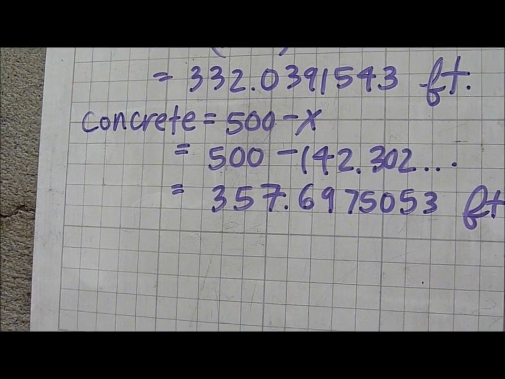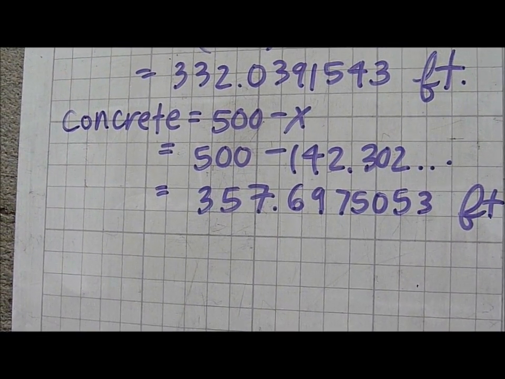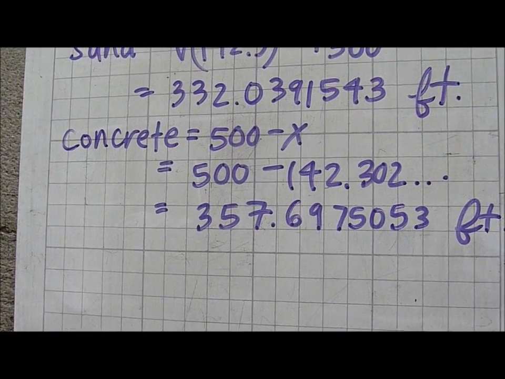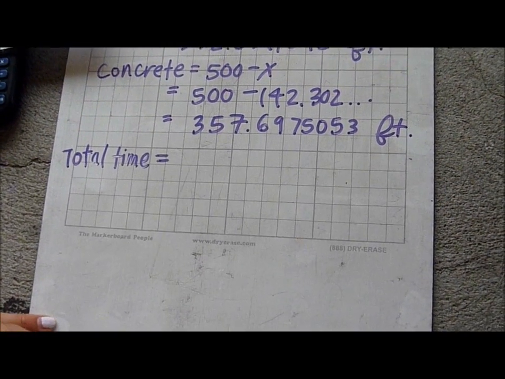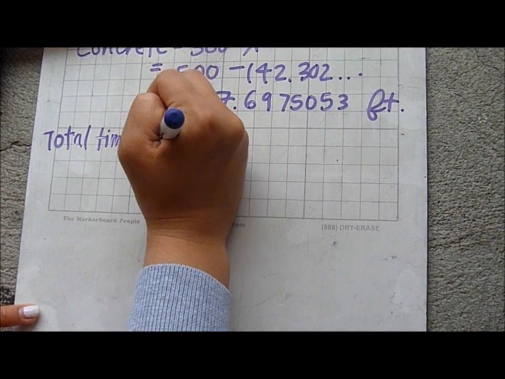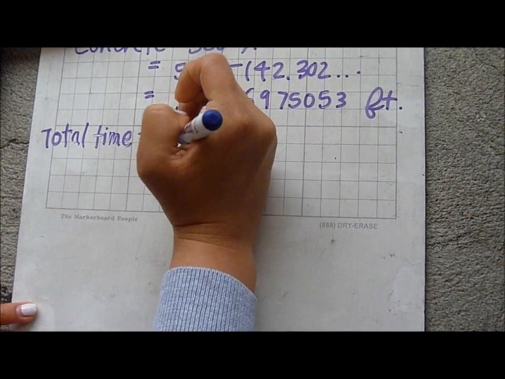Now, the distance we should run on concrete is approximately 357.7 feet.